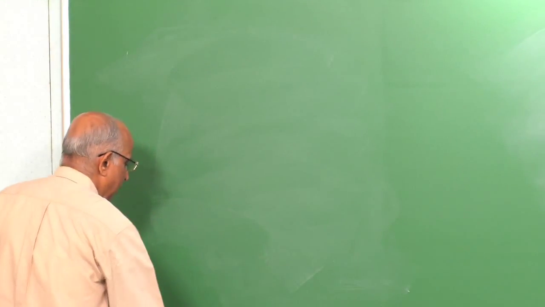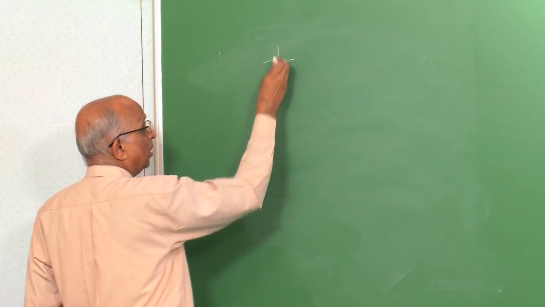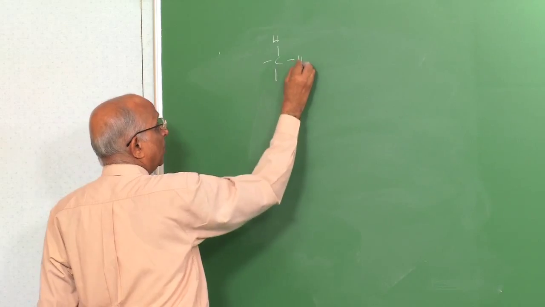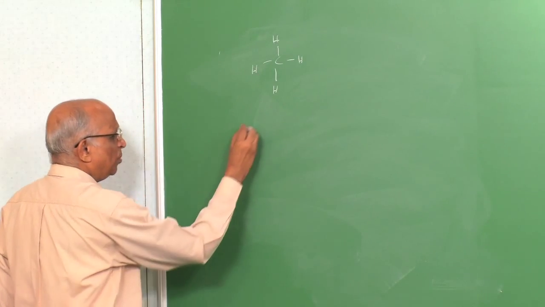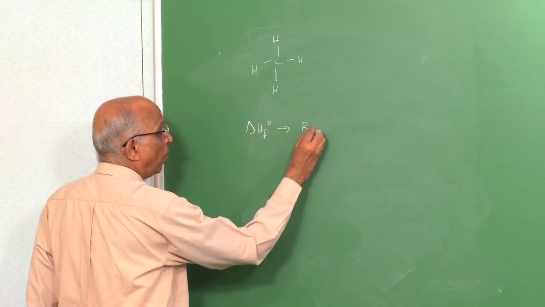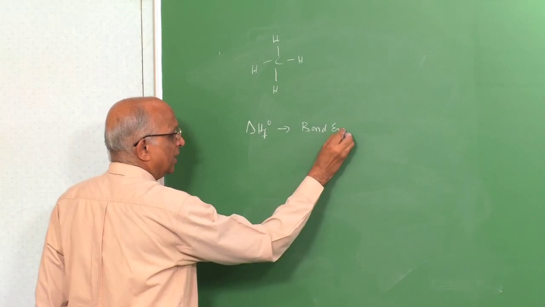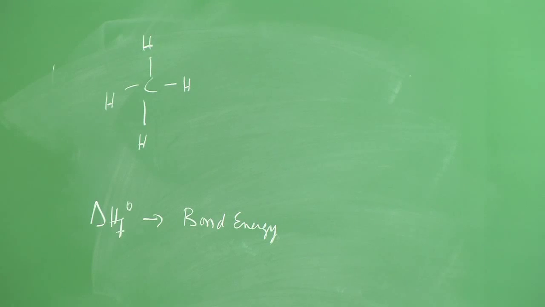We mean the energy associated with the particular structure. We say methane has these particular bonds in which carbon is associated with the bond over here. Therefore, it is possible to express the heat of formation in terms of the bond energy or the structure, the energy of the structure of the particular molecule.